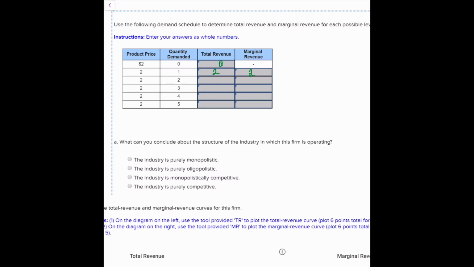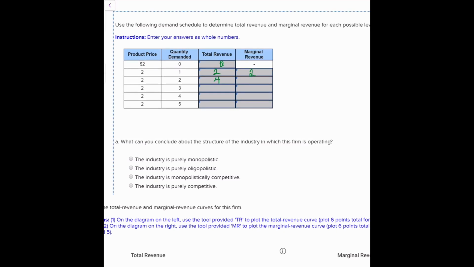At the price of $2, you've got 2 demanded, so total revenue of $4 and marginal revenue of $2, 2 more. And product price of 2 at 3 demanded would give us total revenue of 6, and marginal revenue from 4 to 6 is 2. Total revenue here, 4 demanded at price $2 is $8. Marginal revenue, $2. And finally, 5 units at $2 is $10.